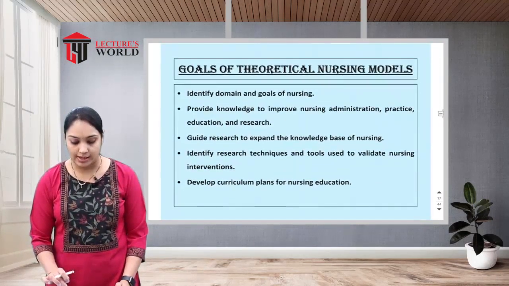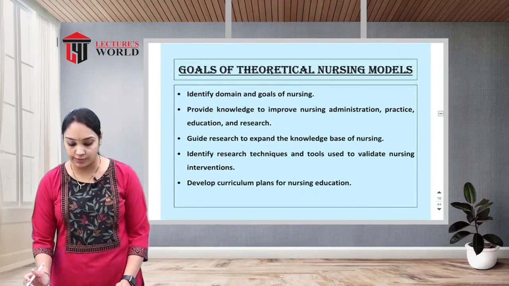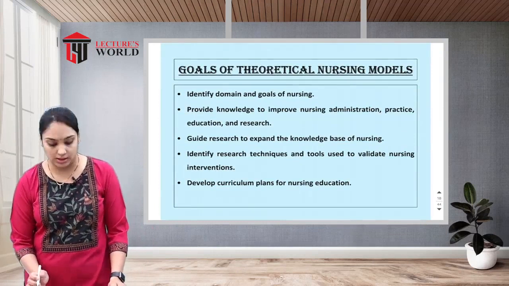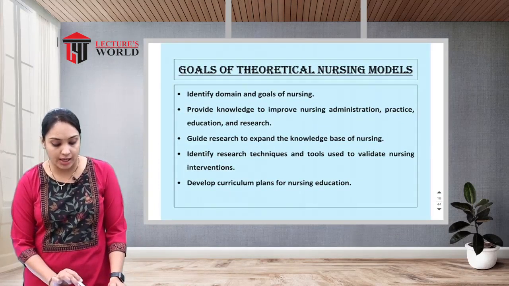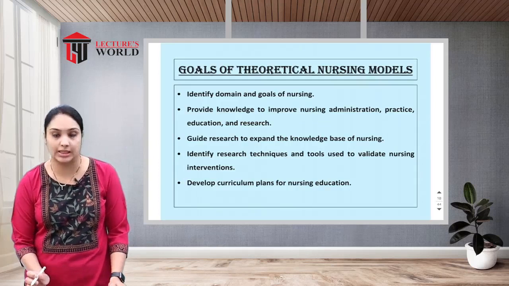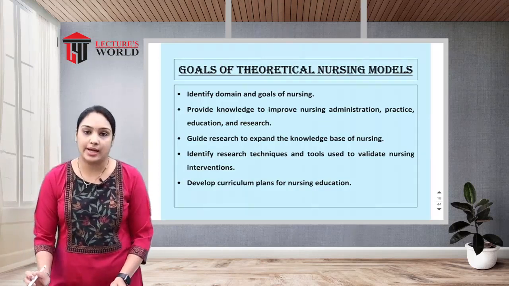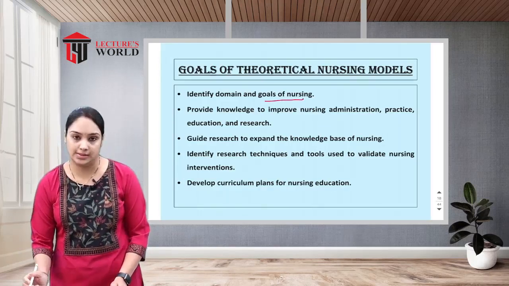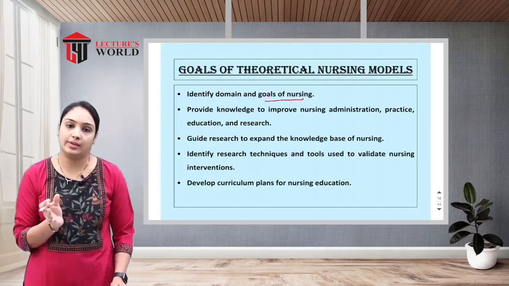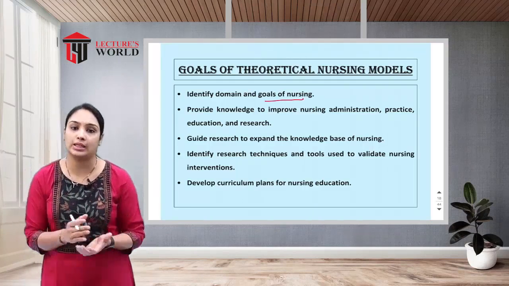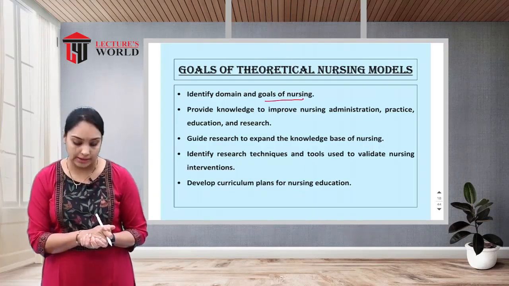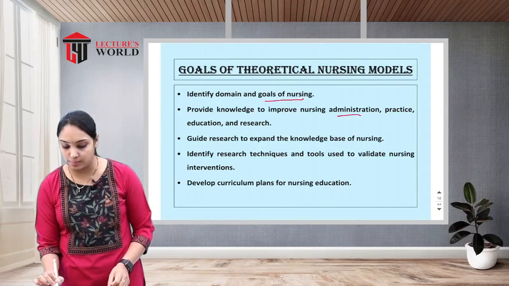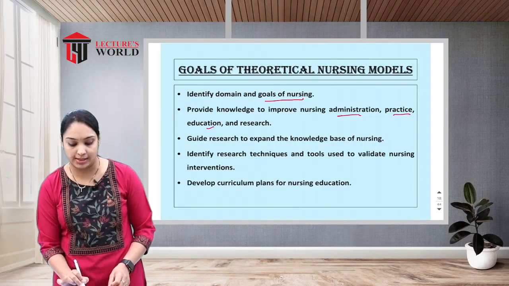Now we'll move to the next topic, the goals of theoretical nursing models. What are the goals of nursing theories? First, identify the domain and goals of nursing theories. First, we have to identify and plan what the goals of nursing are. Second, provide knowledge to improve nursing administration, practice, education, and research.